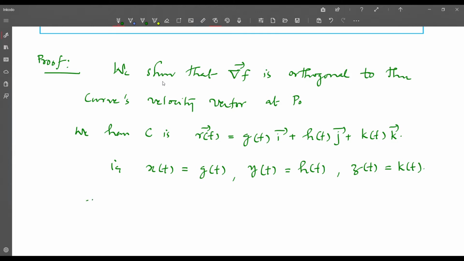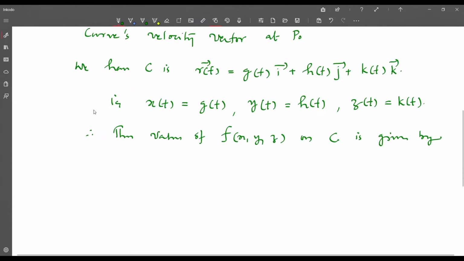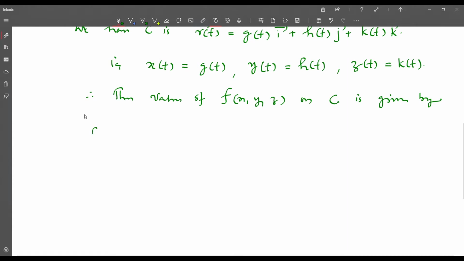Therefore, the values of f of x, y, z on C are given by f of x of t, y of t, z of t, where x of t is equal to g of t, y of t is equal to h of t, and z of t is equal to k of t on the curve.